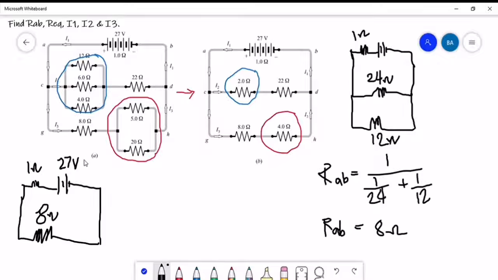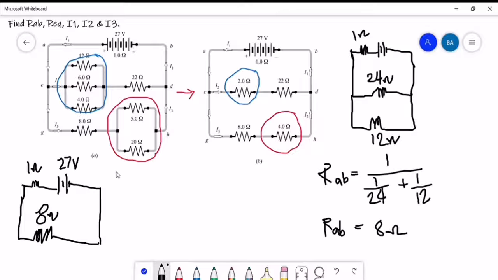In this kind of circuit, based on our last simplified circuit, it is a series, right? In what I tackled before, I said that it is a parallel circuit, so I was wrong.